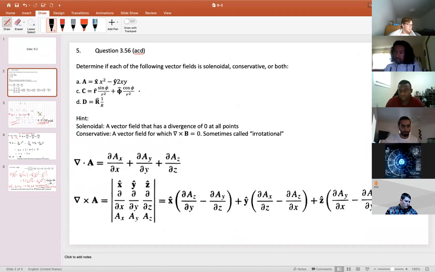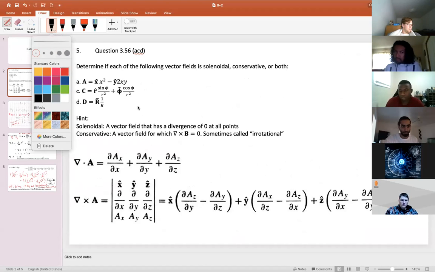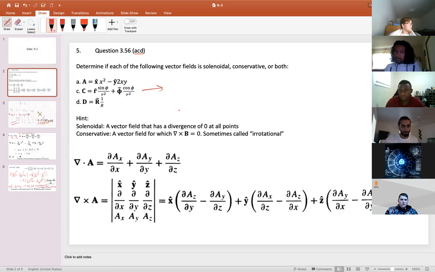Because this one, what coordinate system is this one going to be in? Cylindrical. Yeah, cylindrical. Then this one should be in spherical.